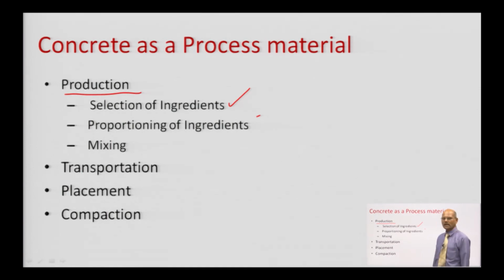Their ratio has to be fixed. It is very important which type of ingredients we use, because they come from different sources. Then you have to do proportioning of ingredients, deciding their percentage.